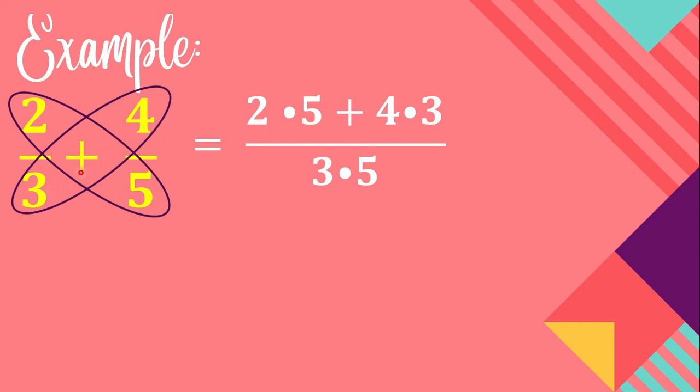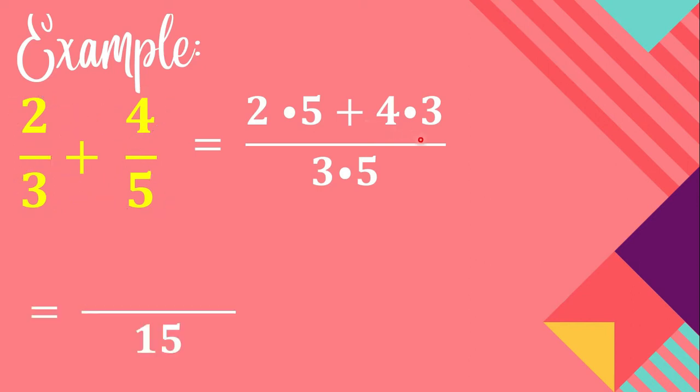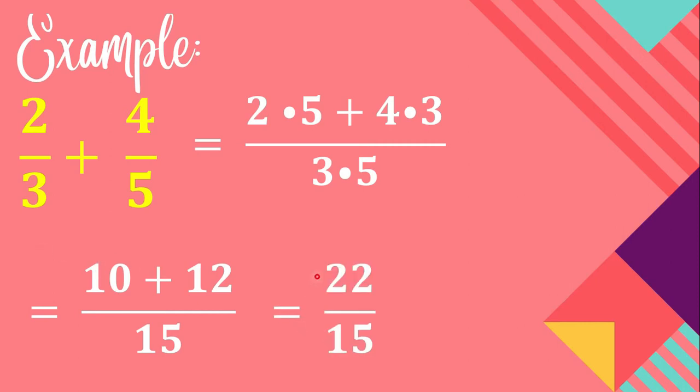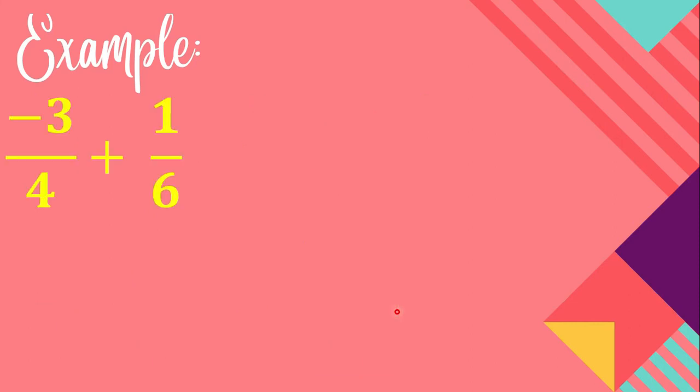All you have to do is multiply diagonally, and then simplify one by one. 3 times 5 for your denominator, you have 15. 2 times 5 for your numerator, you have 10. Plus 4 times 3, which is 12. And then still simplify, that will be equal to 10 plus 12, you have 22. And that will be your final answer, 22 over 15.